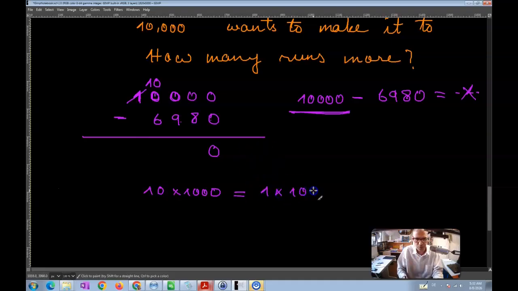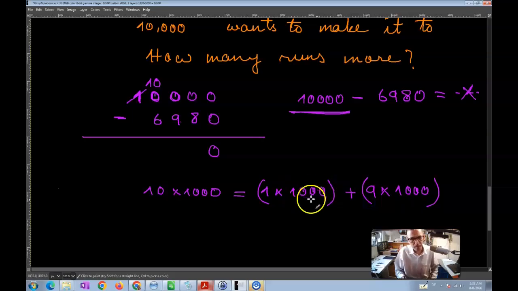So that's 1 times 1000 plus 9 times 1000, right? One group of 1000 plus 9 groups of 1000 is 10 groups of 1000. So again, I will break this up and make it one group plus a 9 group.